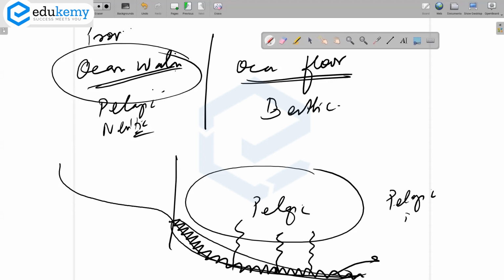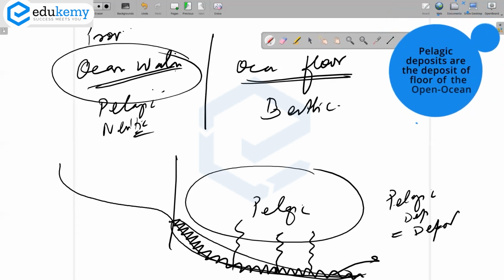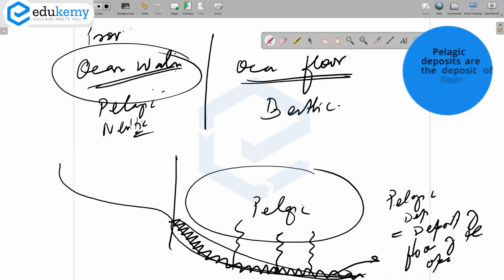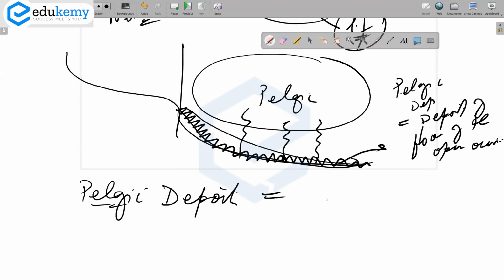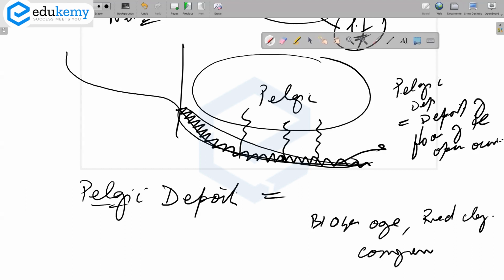Pelagic deposits means the deposits of the floor of the open ocean. The word benthic is used for the life form. Pelagic deposit includes biogenous ooze, will include red clay, will include cosmogenous, will it include terragenous deposits or not?